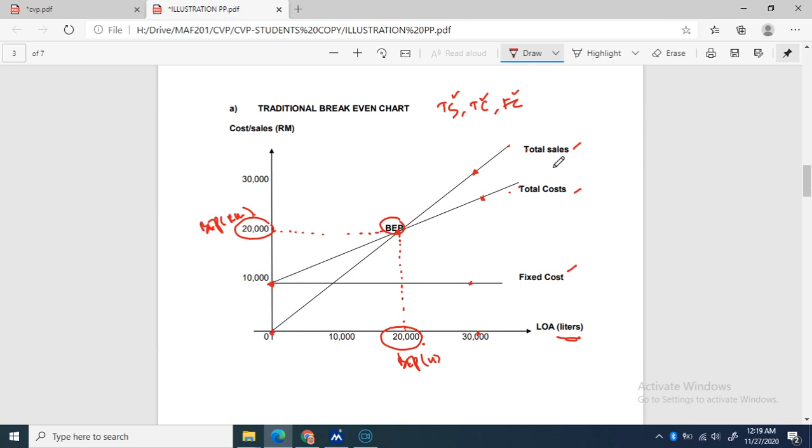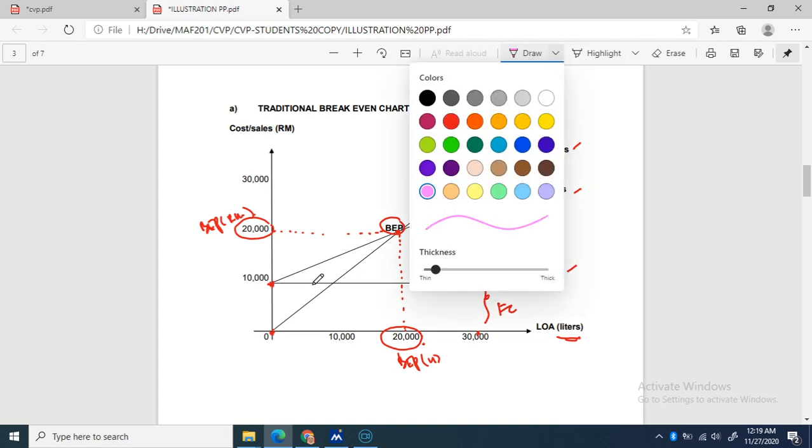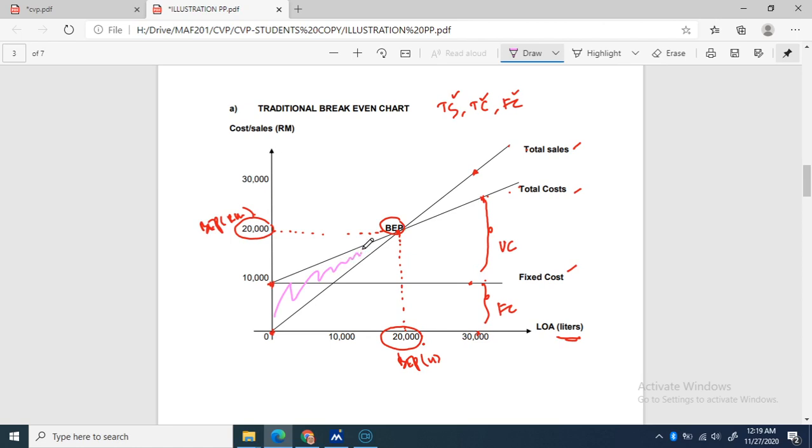So the total cost compared to the fixed cost is the variable cost. So from this line to this line is the variable cost, and this is the amount of fixed cost. Now there are two areas here. In this area, total sales are below total cost.